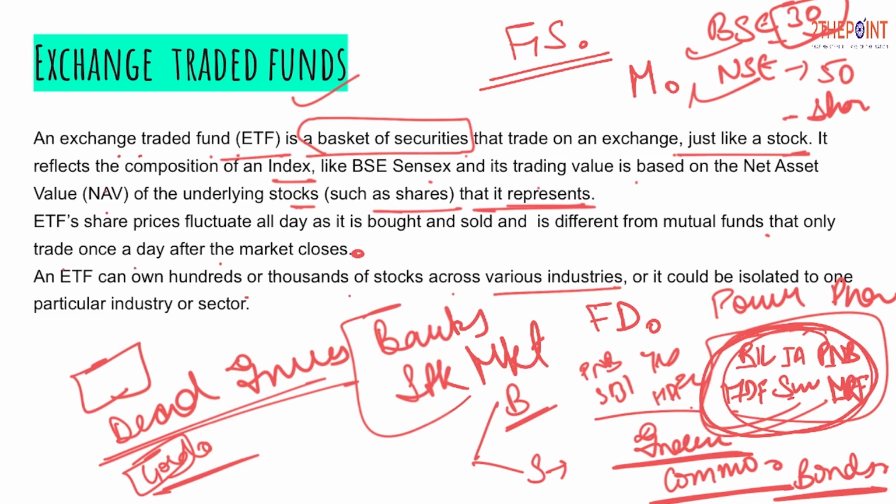I hope it is clear as to what exchange traded fund means. Any fund that is traded on exchange is an exchange traded fund. Now the value of the fund is dependent upon whatever things we are putting in the basket. Let's suppose you go to the market to get a hamper for your friend. So the value of the hamper will depend upon whatever things you put into that hamper.